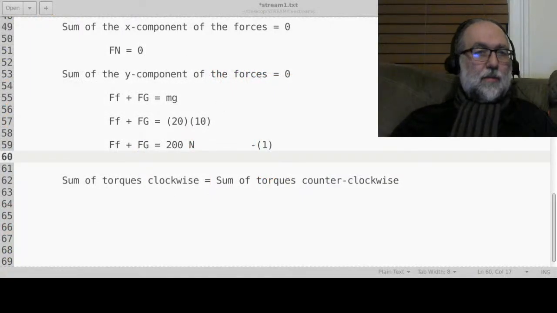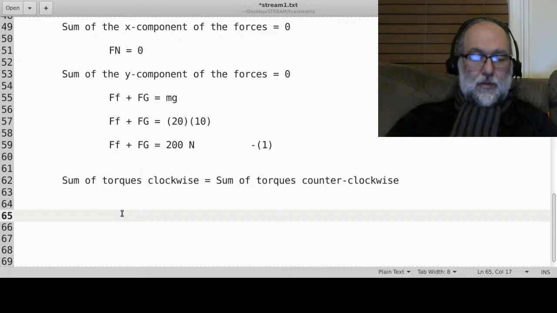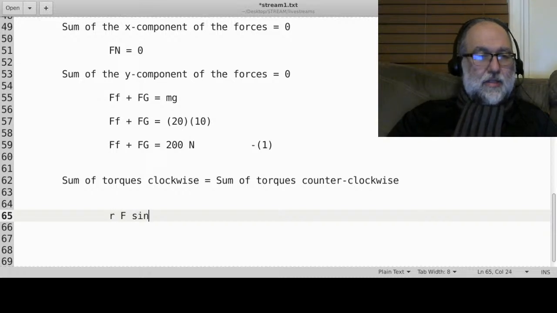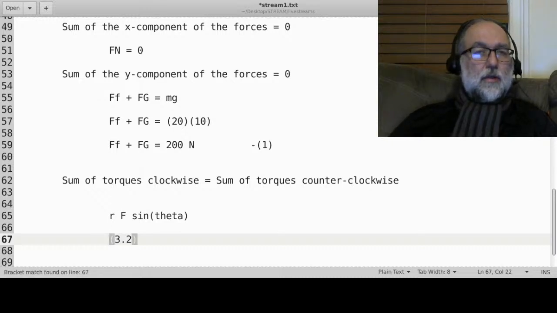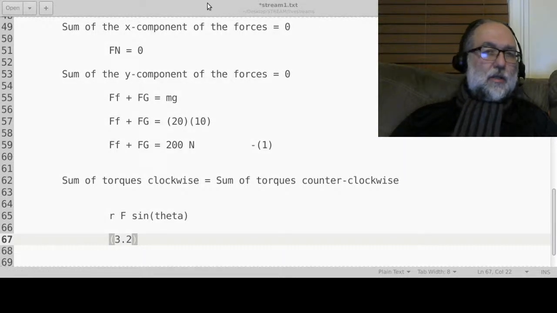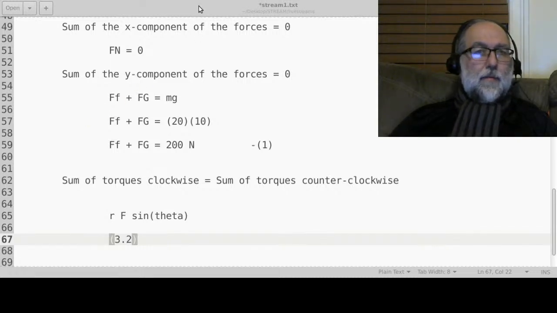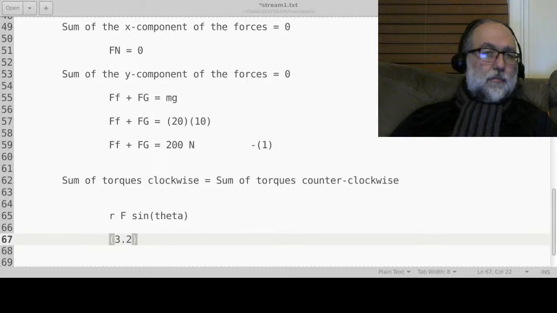All right, so the sum of the clockwise torques. Well, what is the clockwise torque? It was RF sine theta, and R was 3.2. Is that right? Let me take a quick look here. I forgot already. Yeah, 3.2.